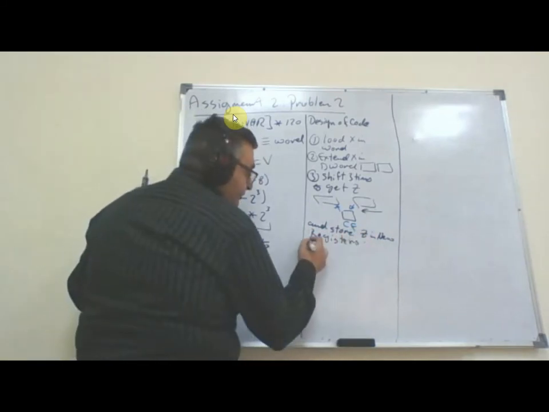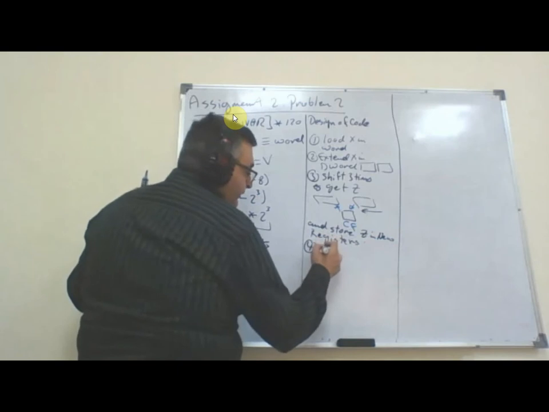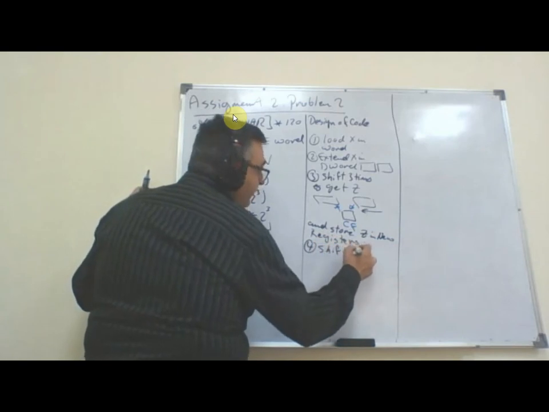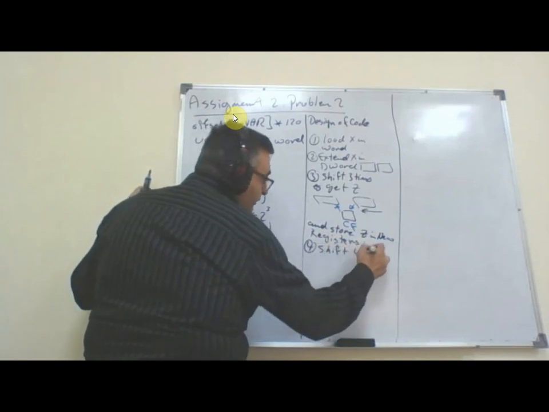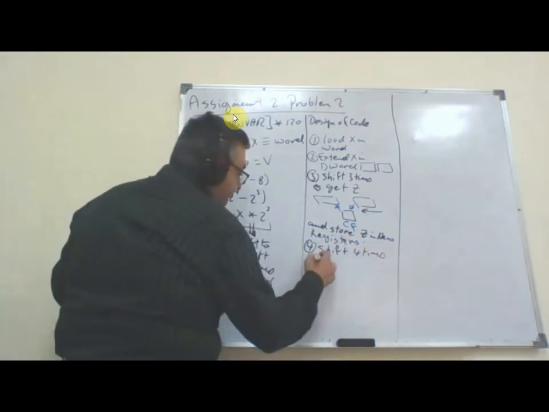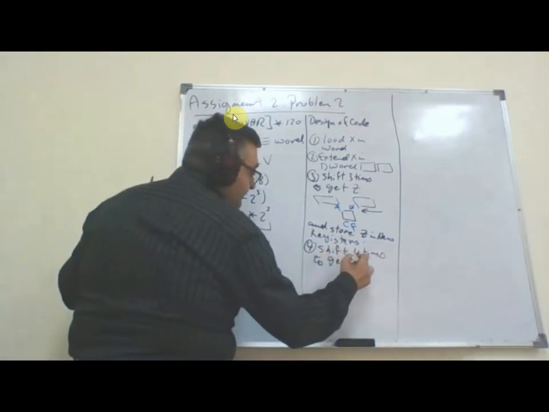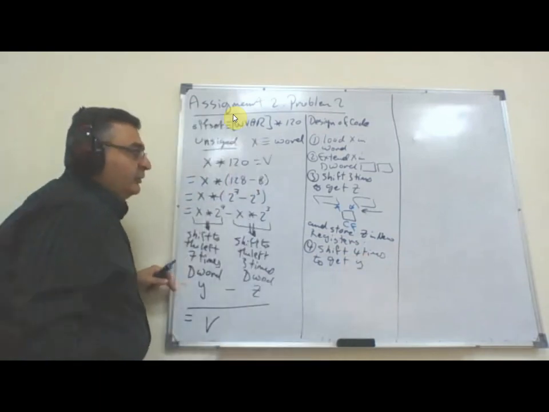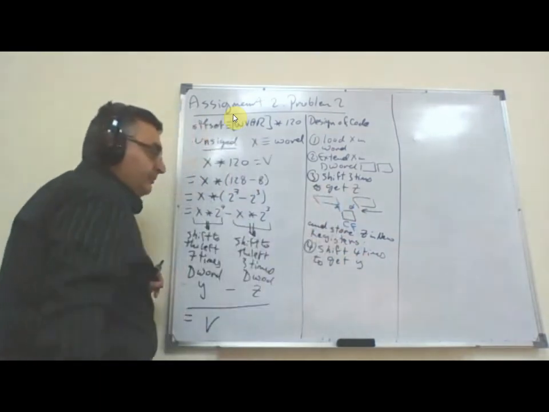Then step number 4 is to shift again, 7 times, to get Y, using the exact same mechanism.